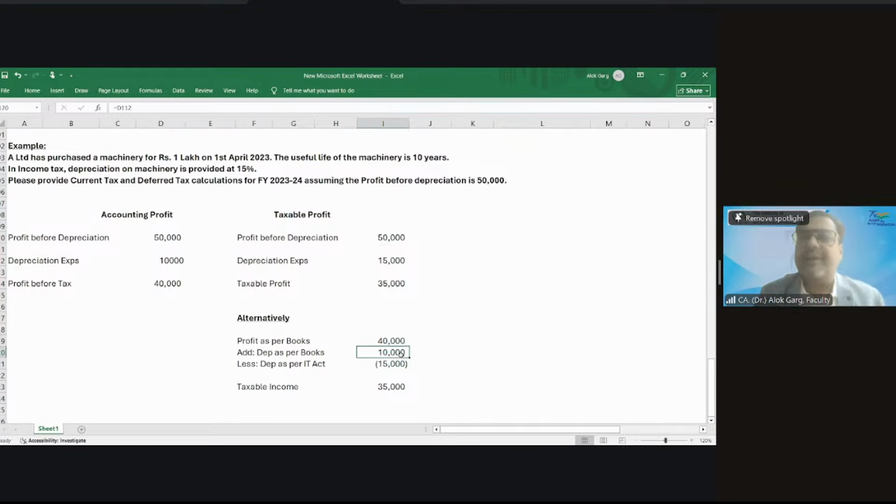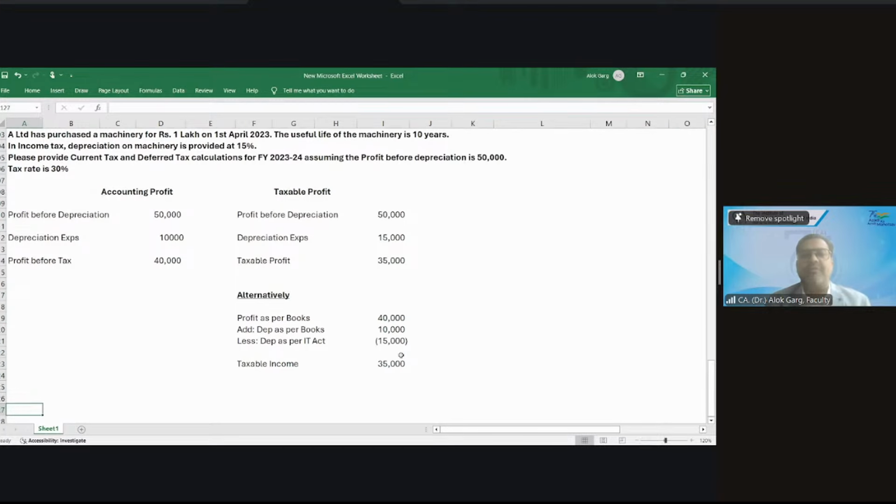Okay. So friends, in this question, assuming your tax rate is 30%. If you see, there is a difference of 5,000 rupees in your depreciation expense. Yes or no?